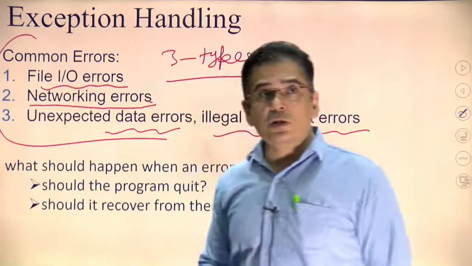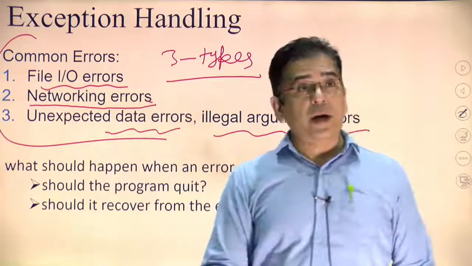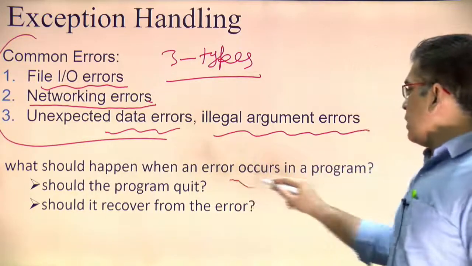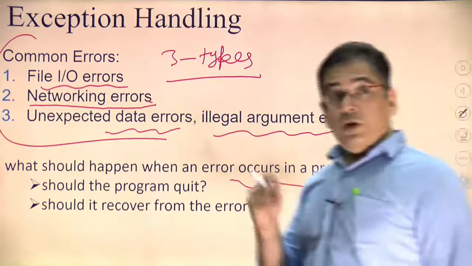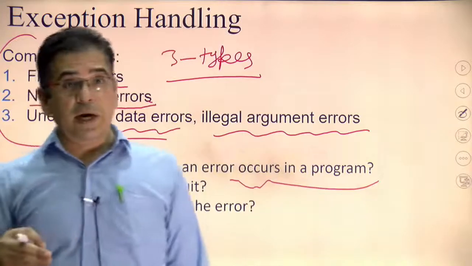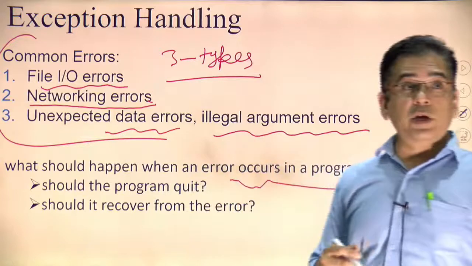So broadly it is classified into these three categories. Some general questions which come to our mind when we are doing exception handling or error handling in Python. What should happen when an error occurs in a program? This is a very common question, or the very first question which arises in our mind when we face any error in our program during its execution.